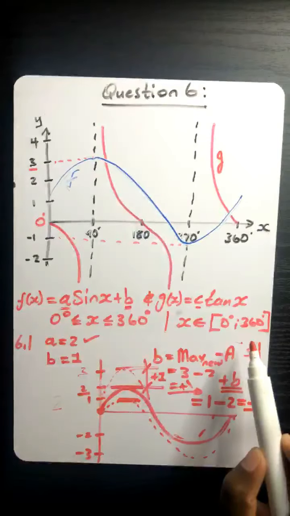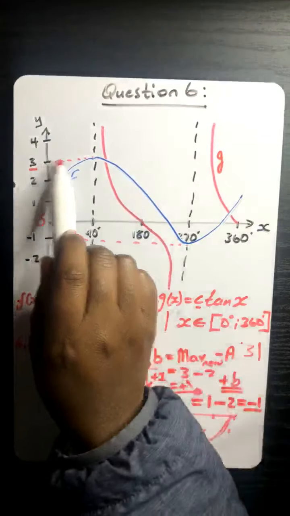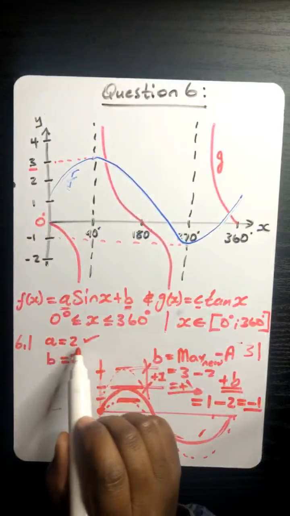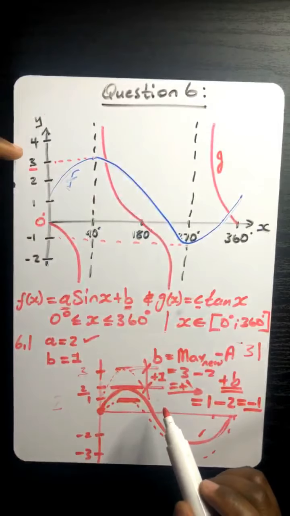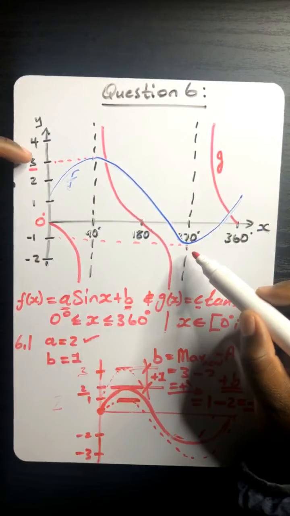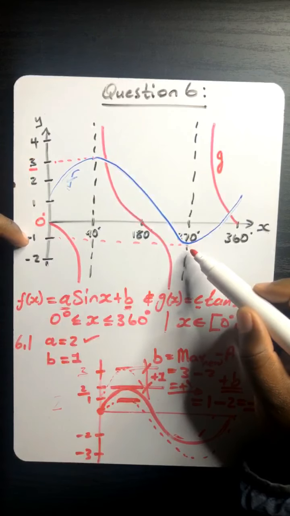The maximum value is 3. But you remember we calculated the amplitude to be 2. We said the amplitude is half of the maximum and the minimum, which is half of 4, because from there to there is 4 and half of it is 2. Do you still remember that?